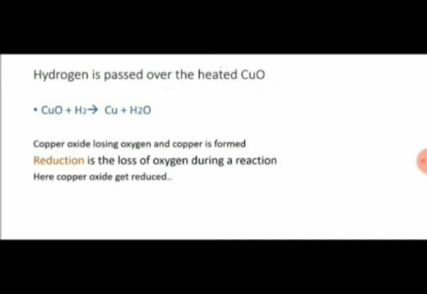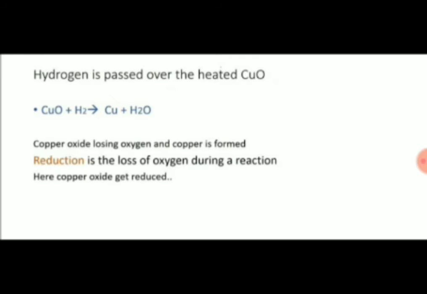Here copper oxide loses its oxygen and copper is formed. So here reduction happened. Reduction is the loss of oxygen during a reaction. Here copper oxide gets reduced.